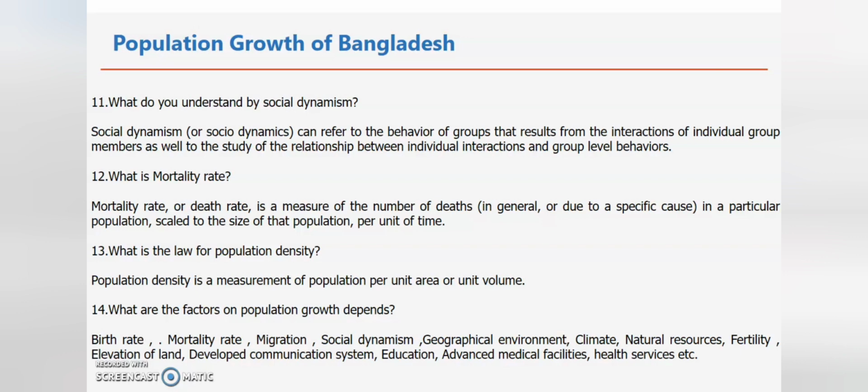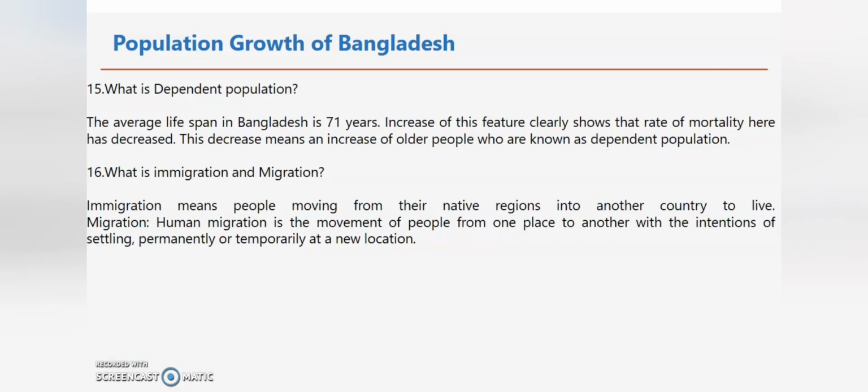Coming up to my next question. Dear students, do you know what is dependent population? Yes, dependent population is related to the average lifespan of a country. That means the increase of lifespan shows that the rate of mortality is decreasing day by day.